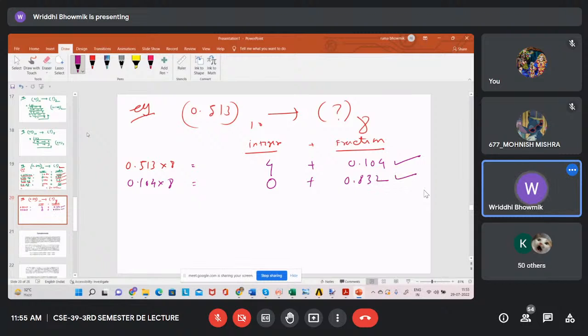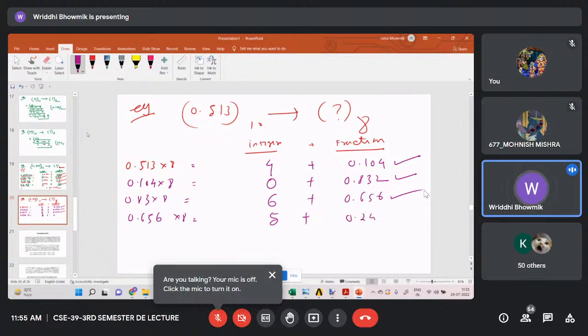Again, you will take this 0.832 times 8. And it gives you 6.656. So the integer is 6 and the fraction is 0.656. You see the fraction is not 0. So again you take this one, 0.656 times 8, and you will get 5.248. 5 plus 0.248.